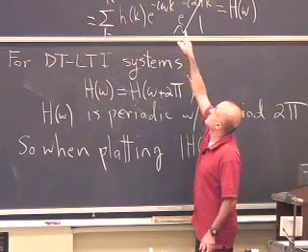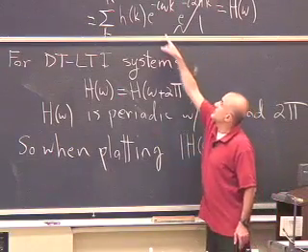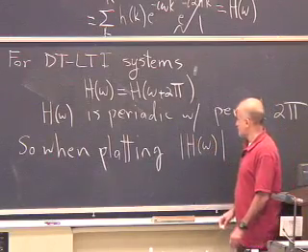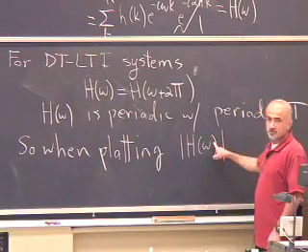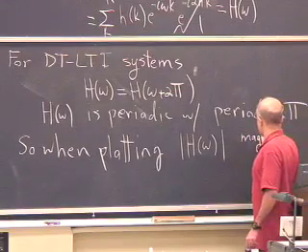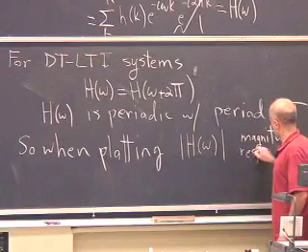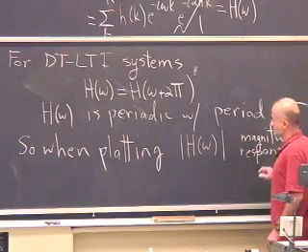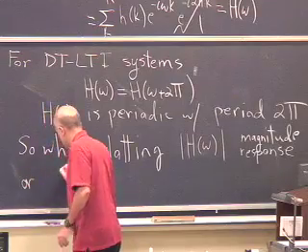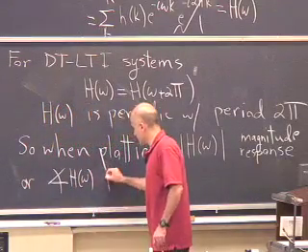But in general, you got all these complex exponentials sitting in the definition right here. So in general, you get a complex valued function. So usually what we do is we plot the magnitude response. This is called the magnitude response. Or the phase, which is called the phase response.